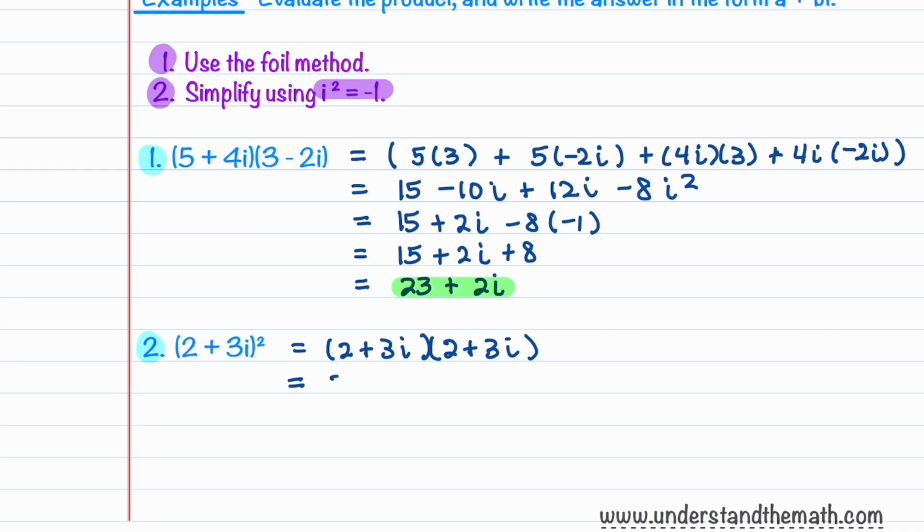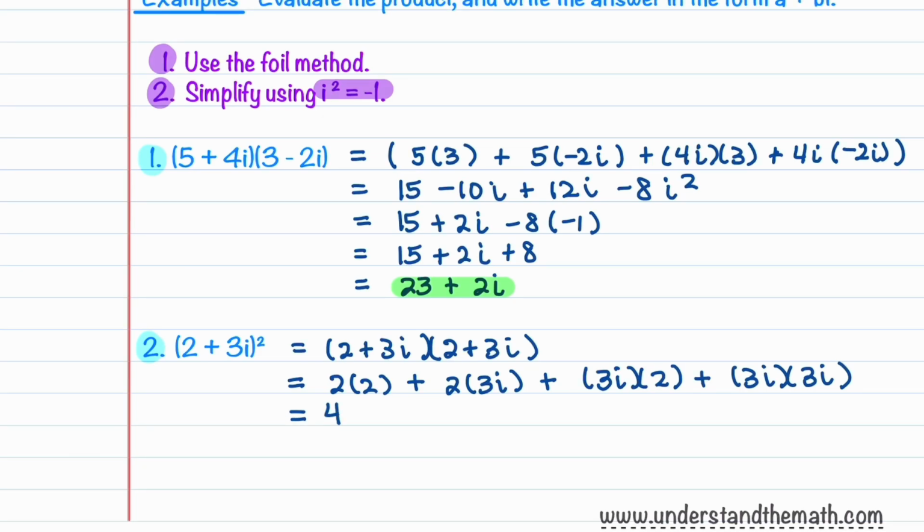Our first terms are 2 times 2, plus our outer terms are 2 times 3i, and then our inner terms are 3i times 2, and then our last terms are 3i times 3i. Now let's simplify.